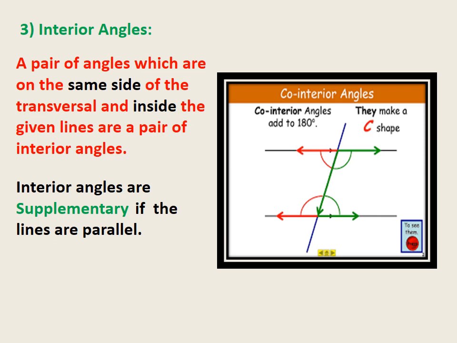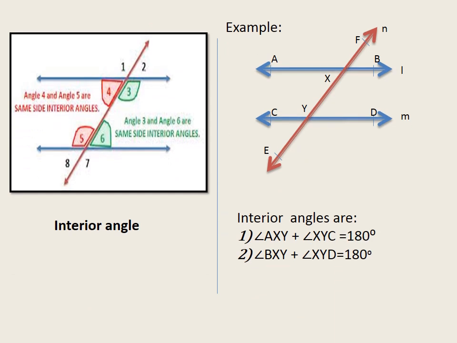As shown in the figure, interior angles make a C. So students, here line L is parallel to line M and line N is the transversal. Therefore, the sum of the interior angles is 180 degrees. Angle AXY plus angle XYC is equal to 180 degrees and angle BXY plus angle XYD is equal to 180 degrees.